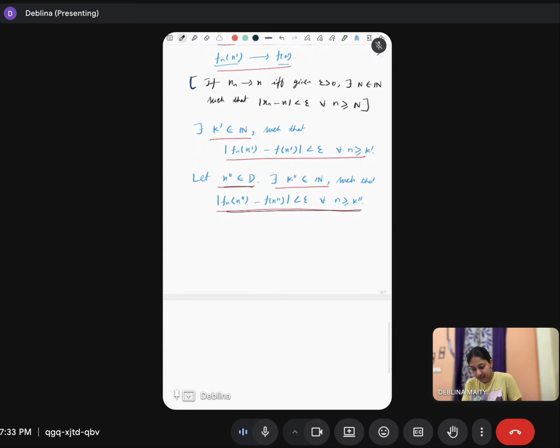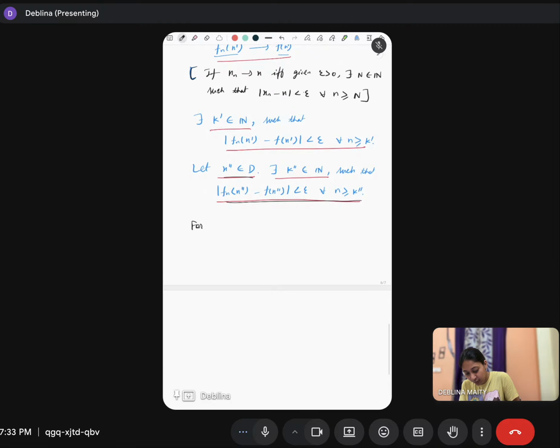So what I am saying is that for each x belongs to D, there exists some K depending upon this x and epsilon, belonging to the natural numbers, such that |f_n(x) minus f(x)| is less than epsilon for all n greater than or equal to K(epsilon, x).